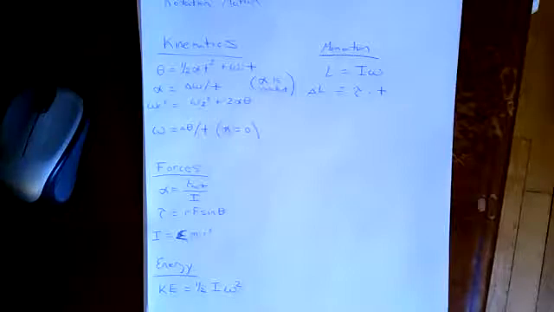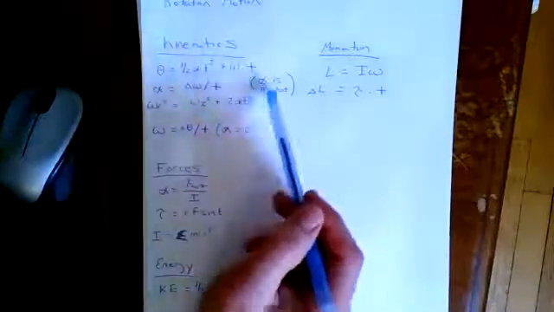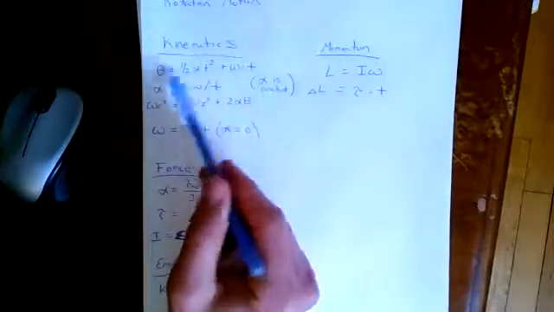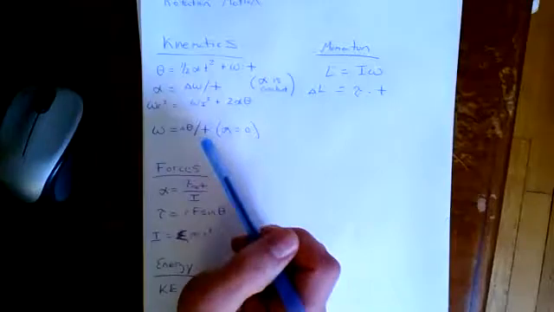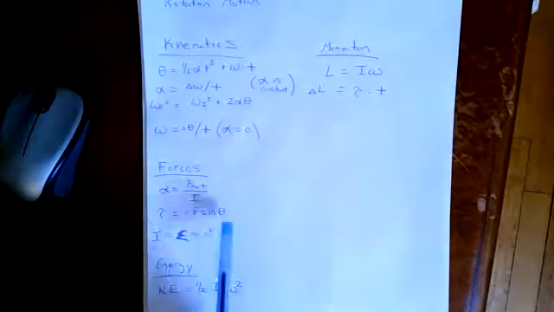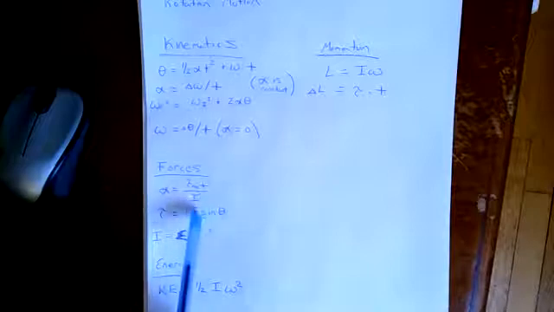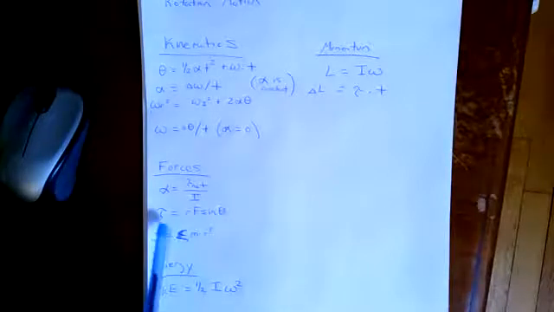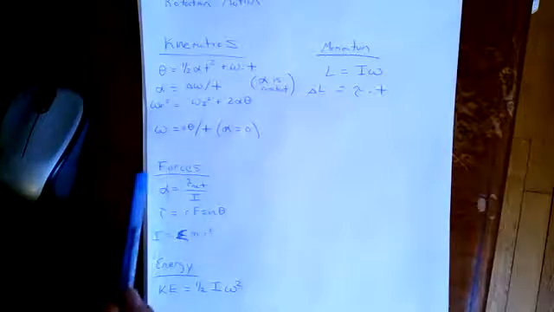So in rotational motion, there are rotational equations for each topic we have this year. Here are kinematics equations. Here's for when angular acceleration is constant. Here's when angular acceleration is 0. Here are our force equations. Notice where force shows up as a component of torque, and that torque plays into Newton's second law here.